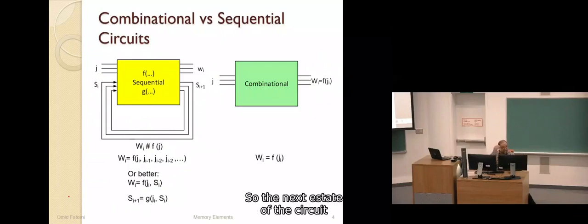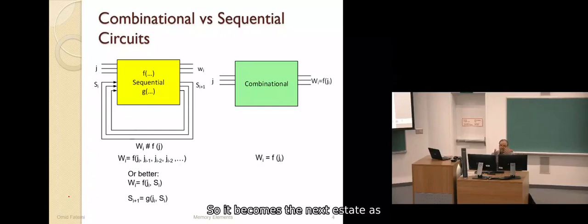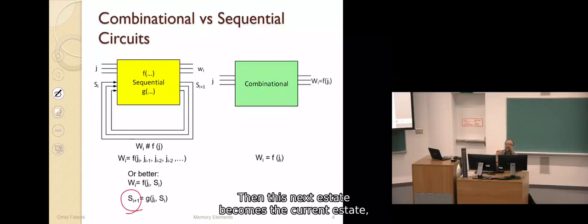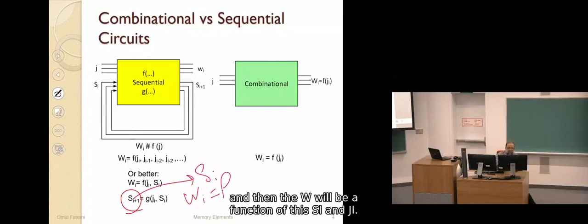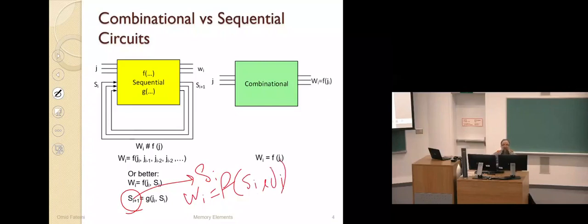So the next state of the circuit is dependent on the input and the current state. As soon as you move to the next time slot, this next state becomes the current state. So it is Si, and then W will be a function of this Si and Ji. So everything is building the next state, and in the next time slot, this next state is the current state.